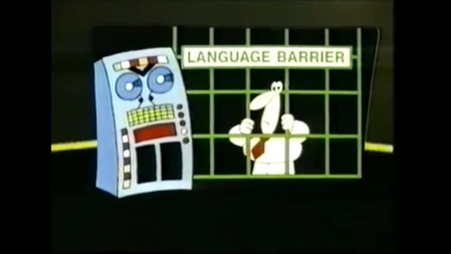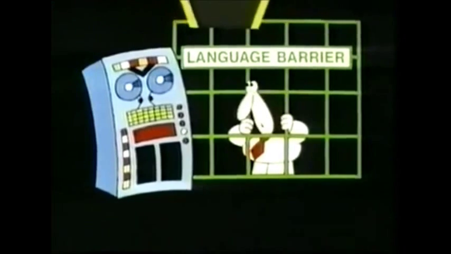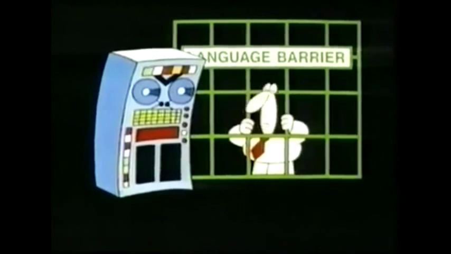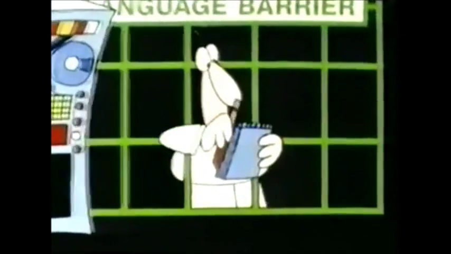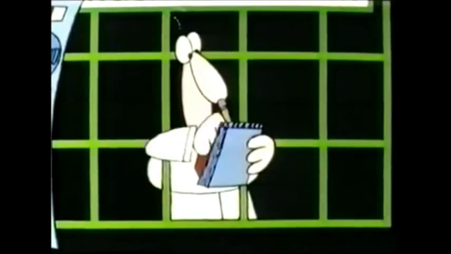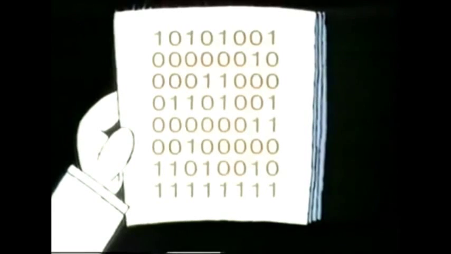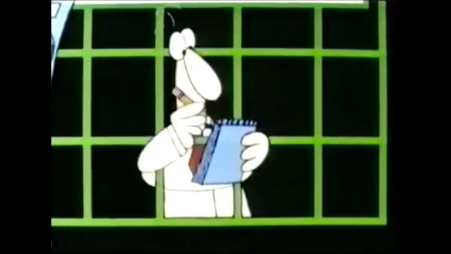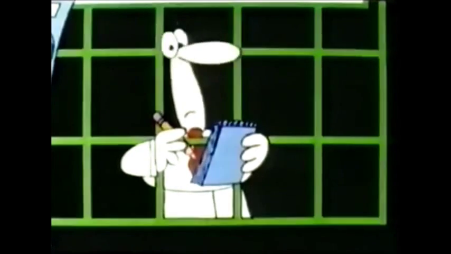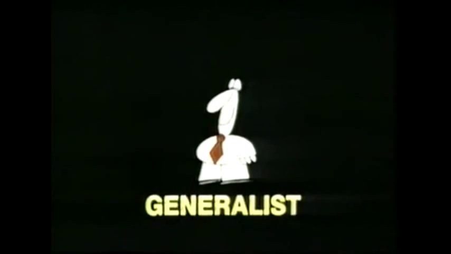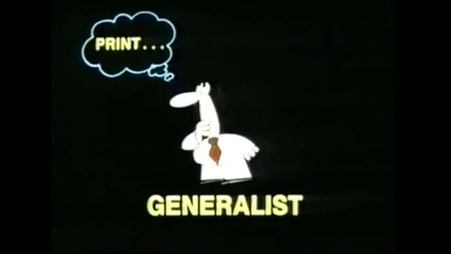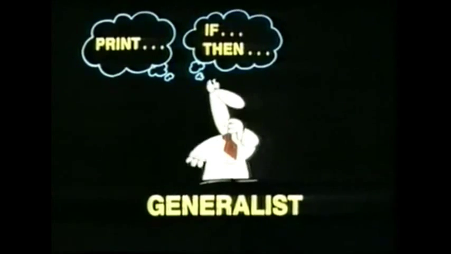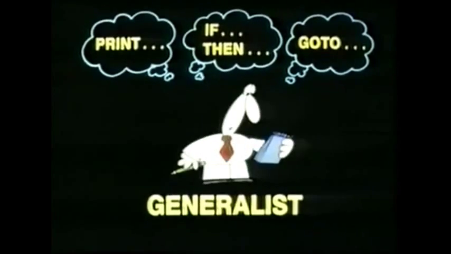In the early days of computing, there was a language barrier between computers and humans because you had to use machine language if you wanted to talk to the computer, either in binary code or its exact English equivalent. This was very slow and laborious. Every time a generalist wanted to tell the computer to print something, or make a decision, or repeat an operation, he had to break every statement down into tiny electronic steps.